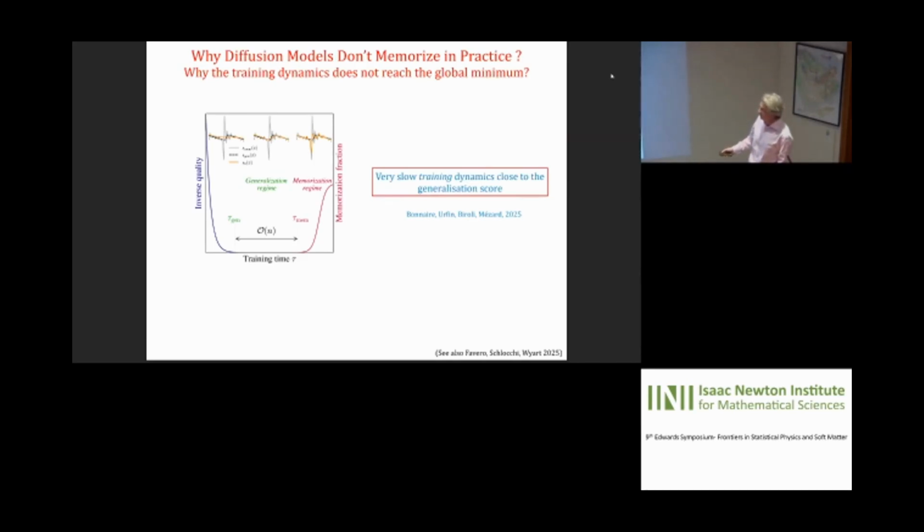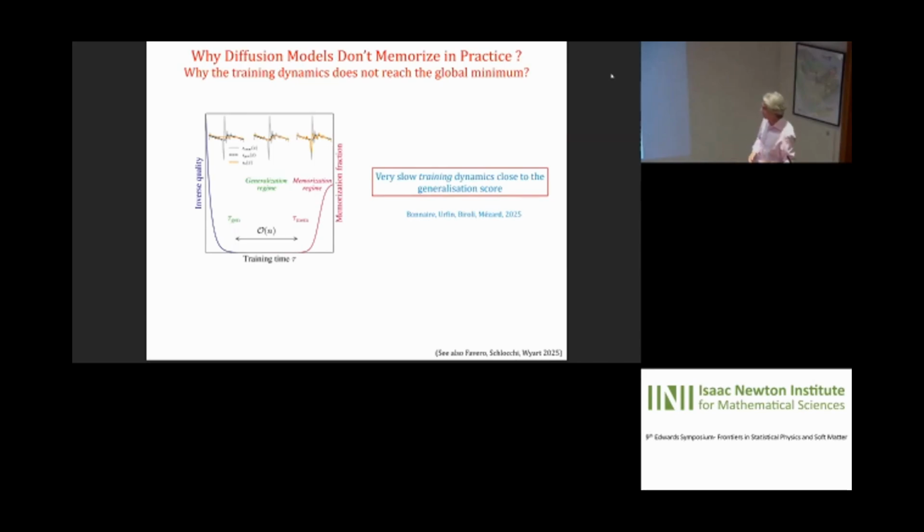If I stop the training too early, I'm just going down the loss landscape, very far from any kind of minimum, and I produce new images that are not good. But if I let the system go, then the quality of the image will be good, and the system will not be in the memorization phase. If I keep training, at a certain point the images are still good, but they start to be in the memorization regime, so you start to reproduce the images in the training set.